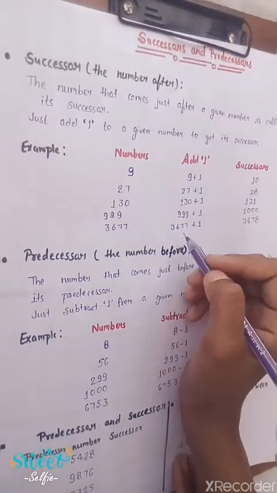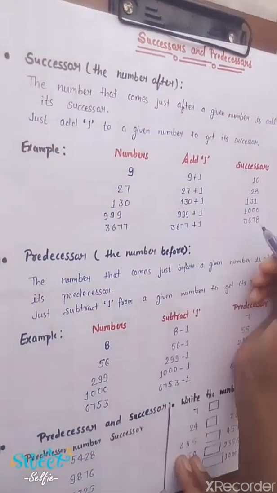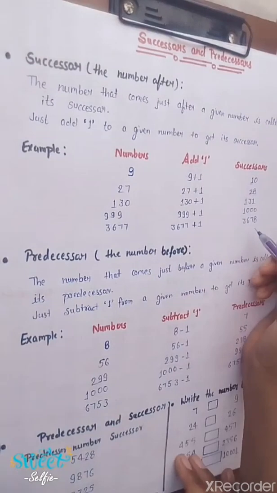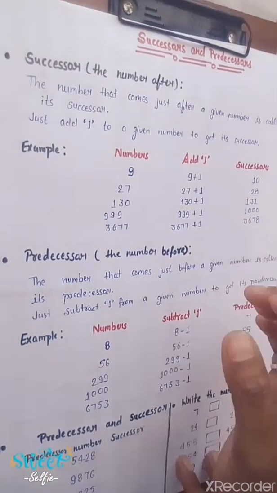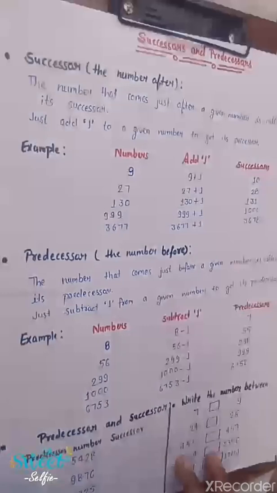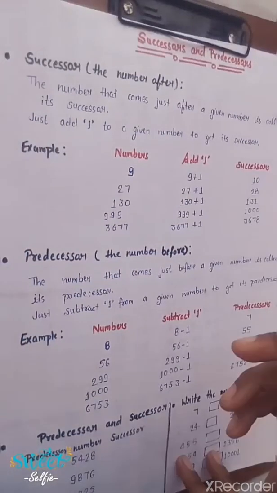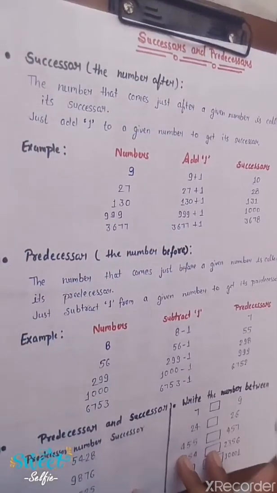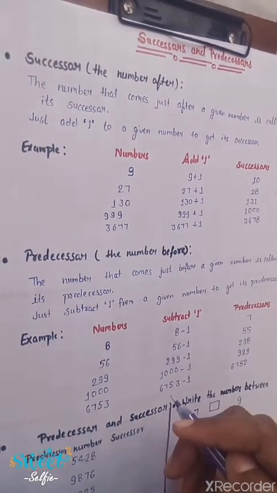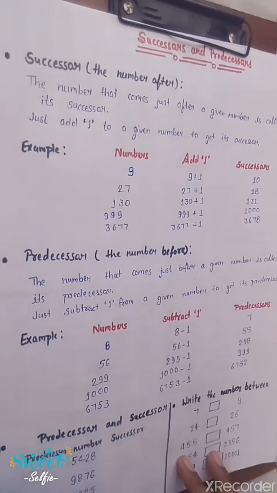When we add it, we will get 3678. It means successor means the number after. If we have to find out the successor of any given number, we have to add just 1. In this way we can get the successor of any given number.